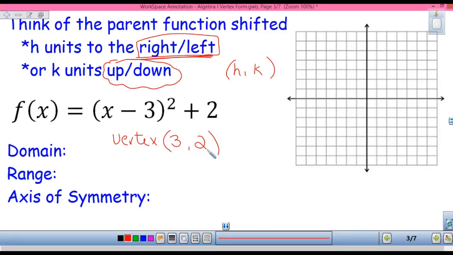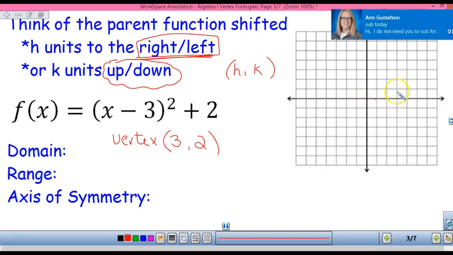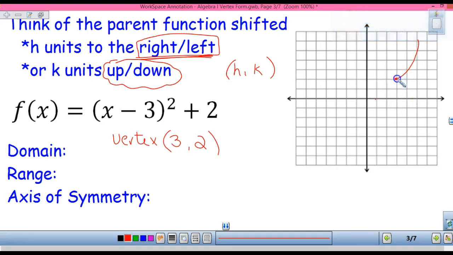No, because remember your formula is x minus h. Okay, so h is 3, because you want that to be a minus sign. Okay, so this moves it how many places to the right? 3 places to the right and up 2. Okay, and then we're not going to go exact right now.